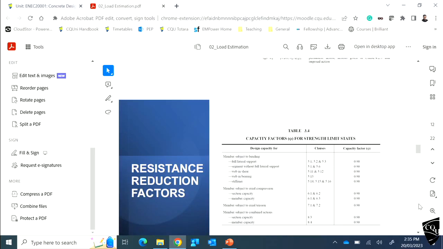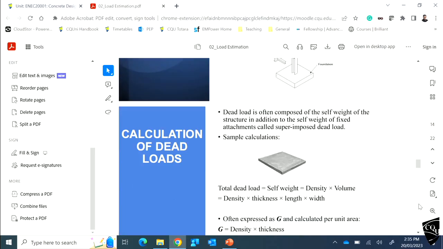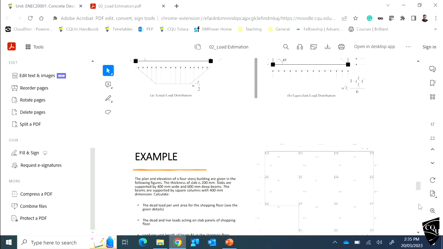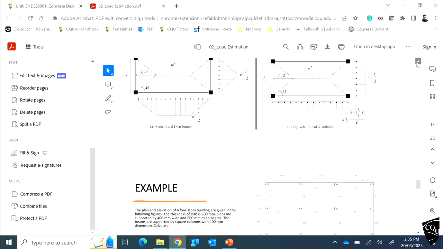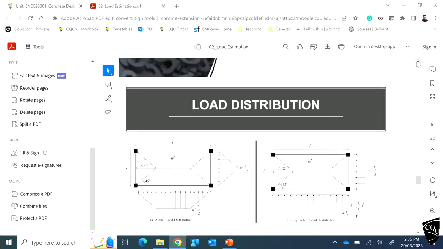So this is what we discussed. These are the things we use for the undergraduate, okay? If you want, you can look at those things.